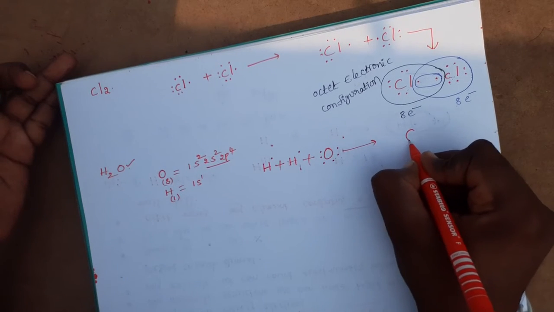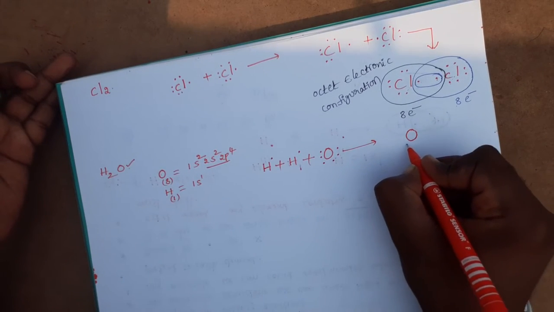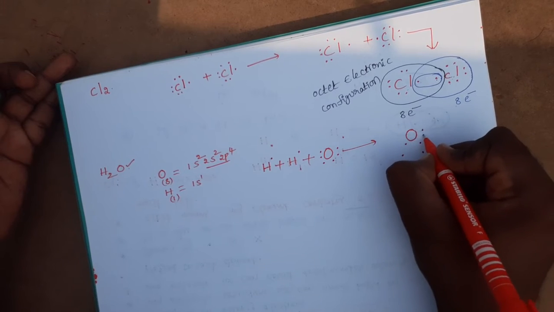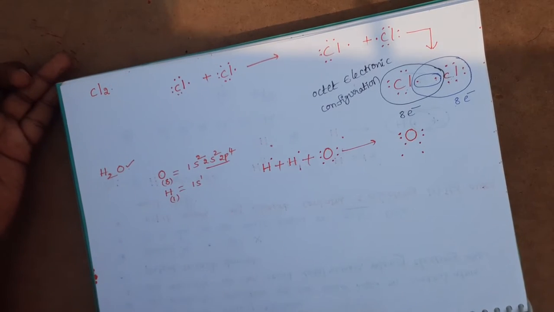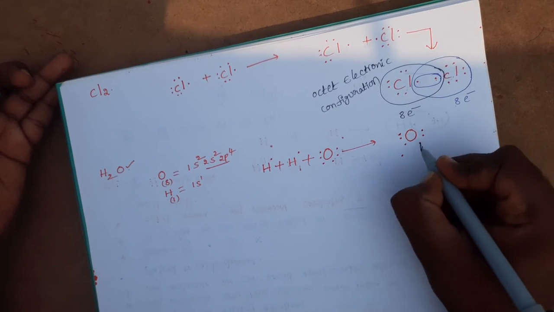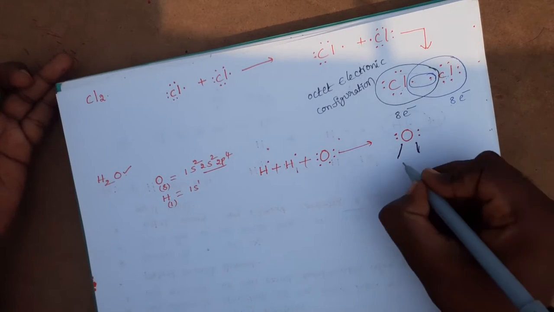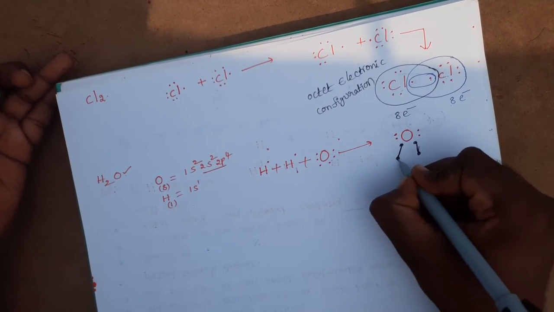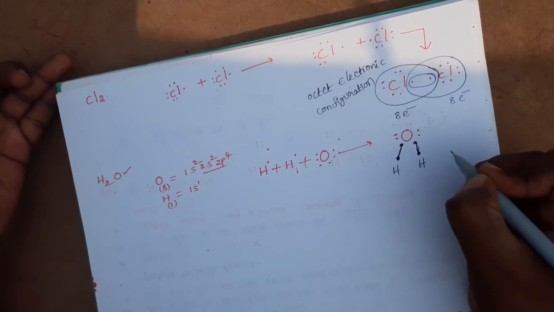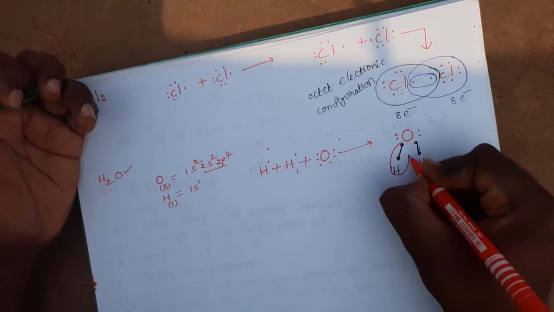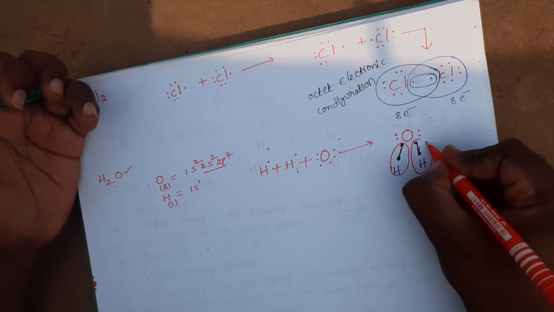And we can write the structure of the water molecule. This is the structure of a water molecule. See, this is the bond and this is the bond. Here 2 electrons are there, and here 2 electrons are there. See children, here we can observe this is the hydrogen and this is the second hydrogen.